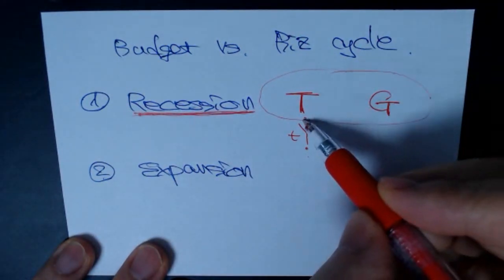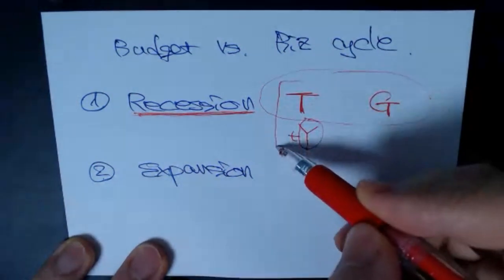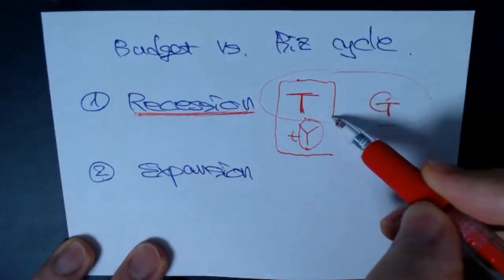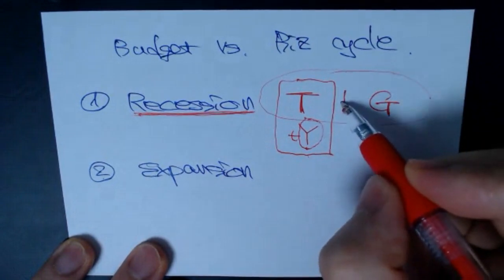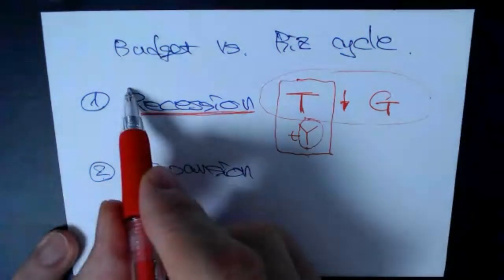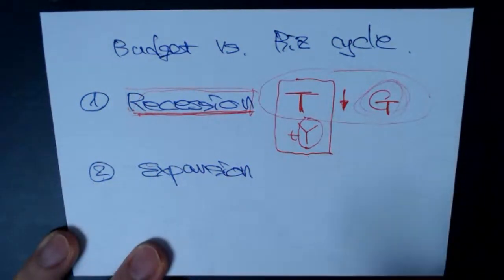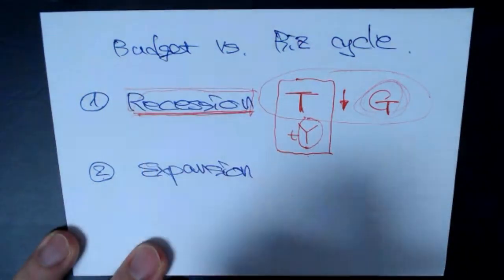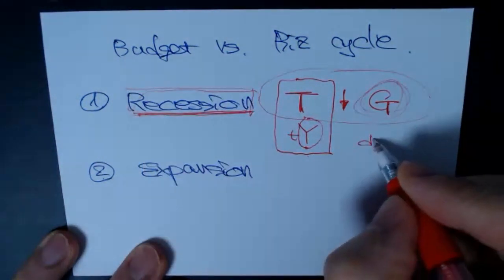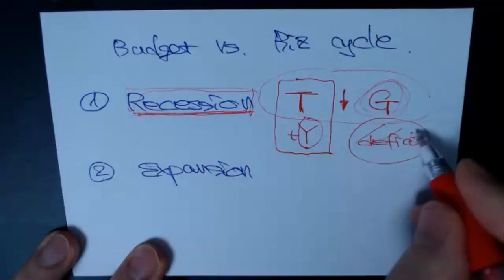So when national output decreases, the total amount of tax collection is likely to decrease, right? So during the recession, even if government spending remains the same, the budget is likely to record a deficit, right?